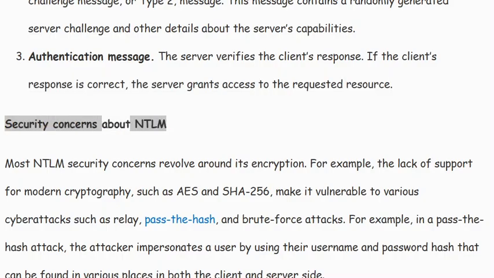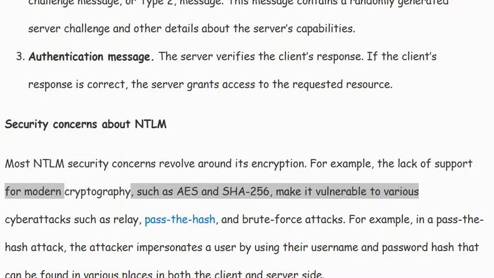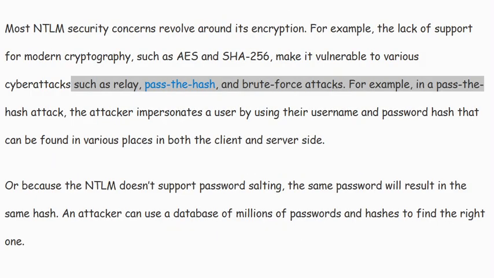Security concerns about NTLM. Most NTLM security concerns revolve around its encryption. For example, the lack of support for modern cryptography, such as AES and SHA-256, make it vulnerable to various cyber attacks such as relay, pass-the-hash, and brute force attacks.